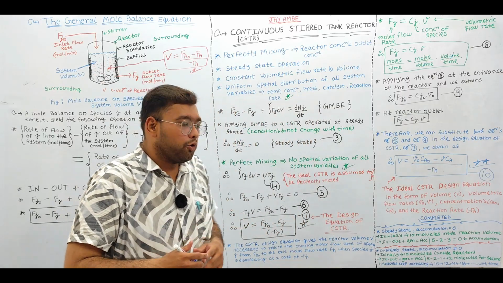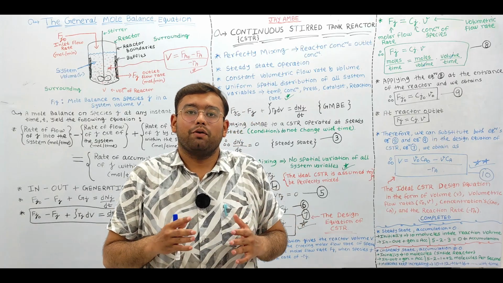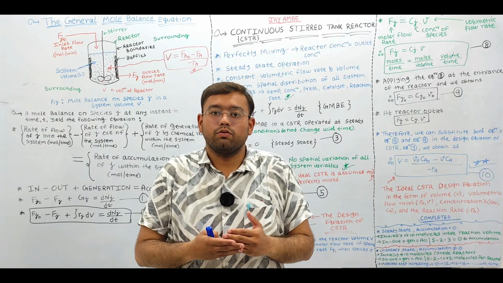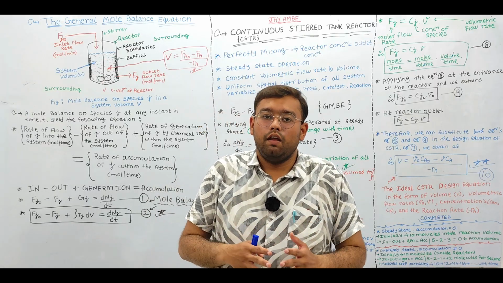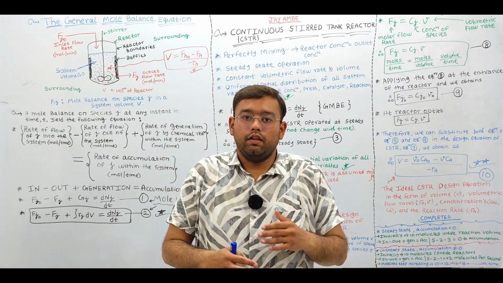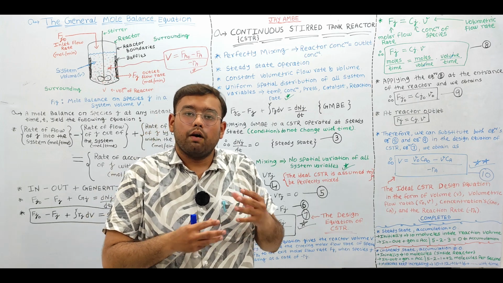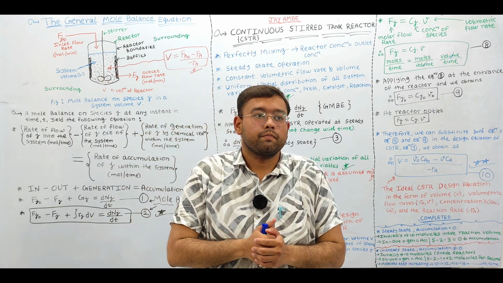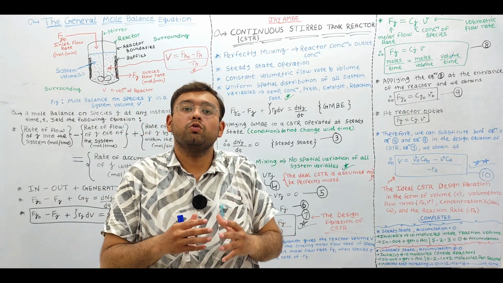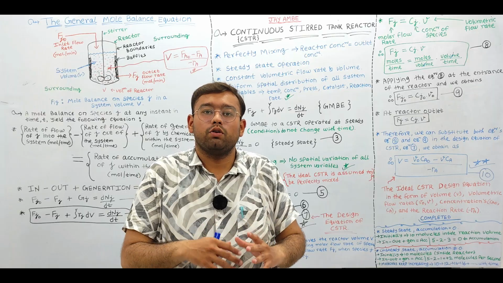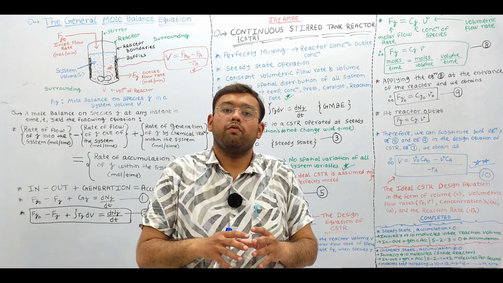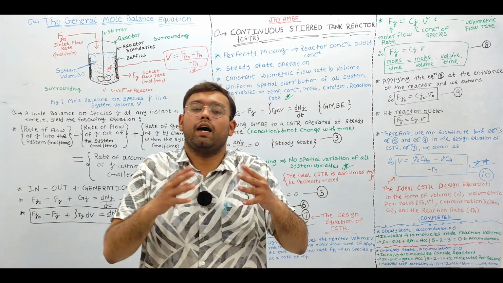I hope you have understood. In today's lecture, we have derived the design equation of the CSTR, and the CSTR also plays a very significant role in industrial applications, as we discussed for batch reactors: in petrochemicals, pharmaceuticals, biotechnology, at each and every place, to enhance the yield of the desired product and manufacture it at very large scales.